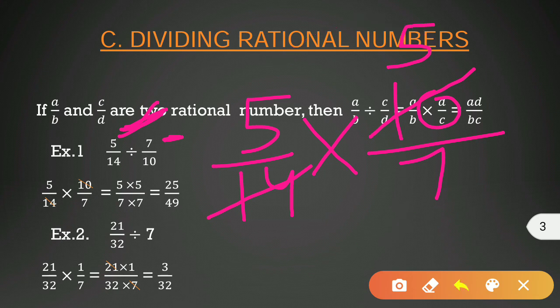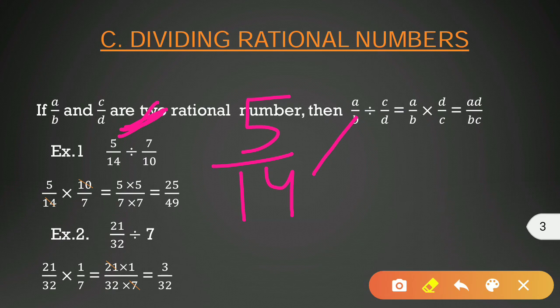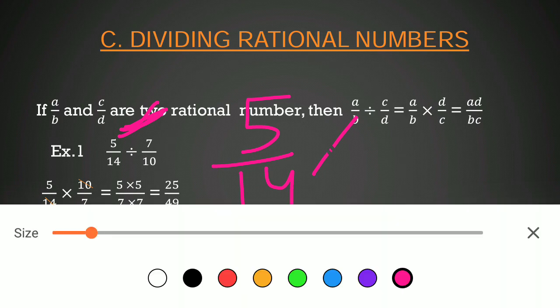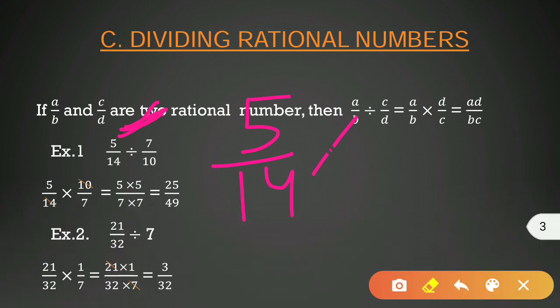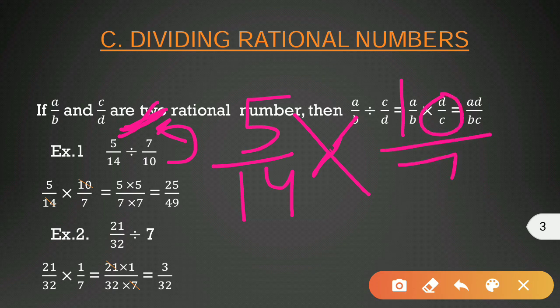Let's repeat this question. 5 by 14 divide 7 by 10. First of all, change this divide sign into multiply. If you change this divide sign into multiply, in the second rational number the denominator will become the numerator and the numerator will become the denominator, means 10 by 7.